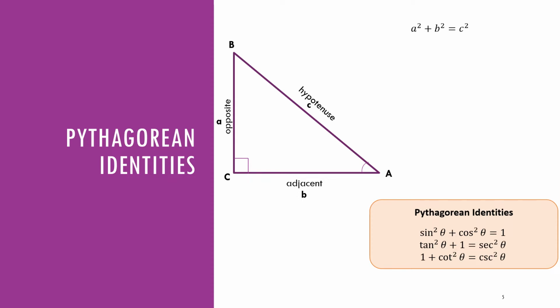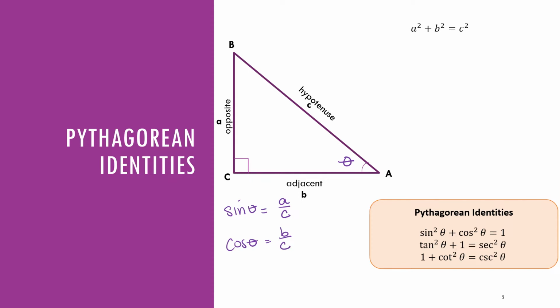So we're going to use some of those algebra tricks and tools to help us. First thing I'm going to do is write down what sine of theta is, and we're going to call this angle theta. So sine theta is a over c. Cosine theta is b over c. Okay, so hold on to that. We're going to use that in a second.